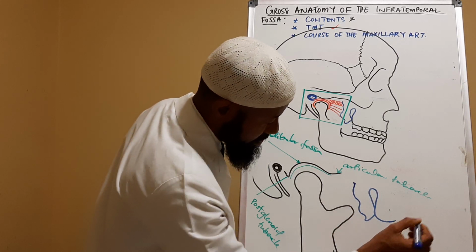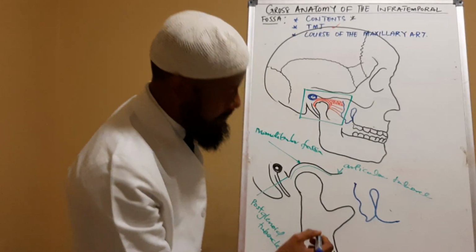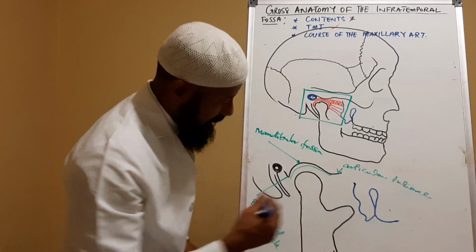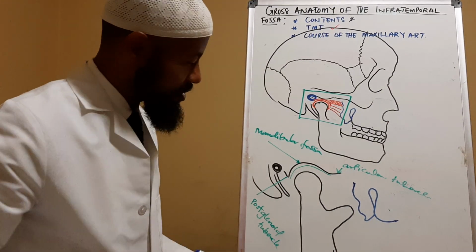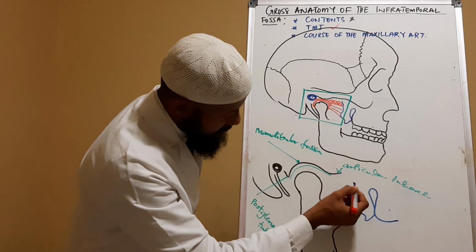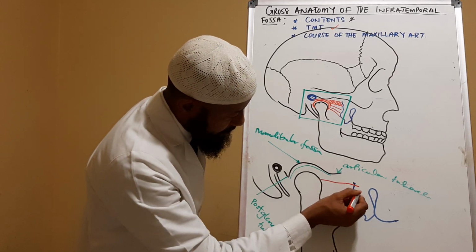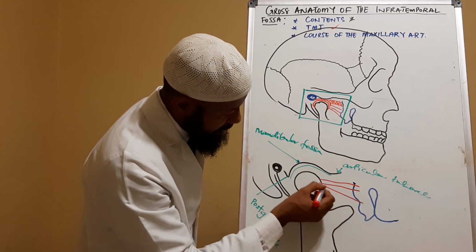Attached to the lateral pterygoid plate is the lateral pterygoid muscle.